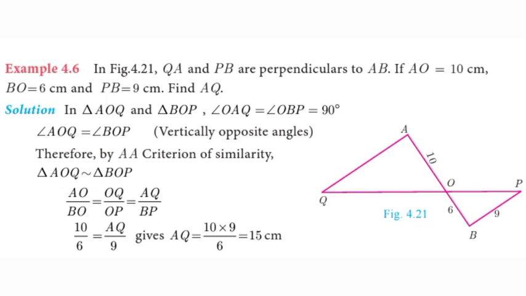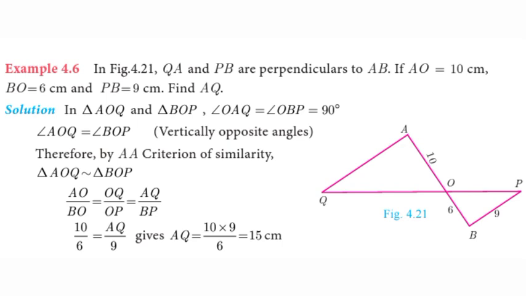You understand? This diagram shows vertically opposite angles. Therefore, by the angle criterion, triangle AOQ is similar to triangle BOP. For similar triangles, corresponding sides are proportional. Therefore, AO by BO equals OQ divided by OP equals AQ divided by BP.